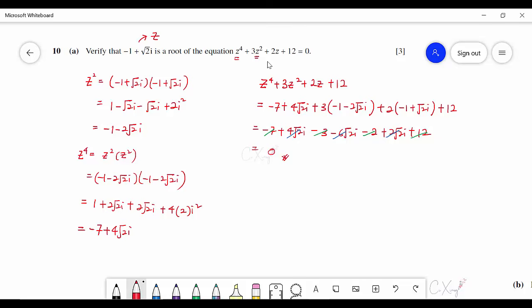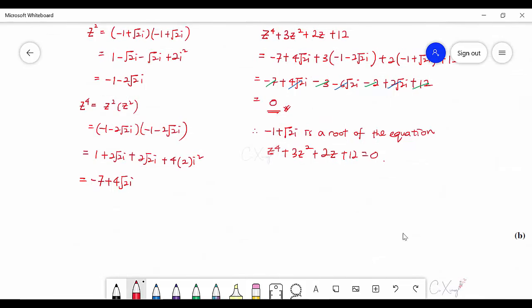So which means that -1 plus square root 2i is a root of this equation. Alright, so this is how we prove part A.